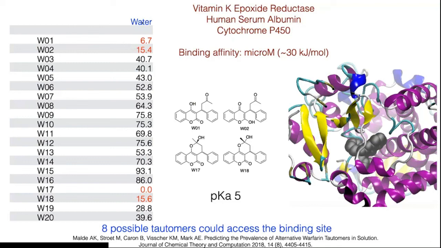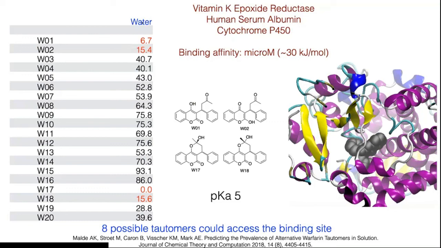R and S enantiomers won't be different in water because water is a uniform medium, but that can make a huge difference in the protein binding cavity. So based on this study, out of 40 or 42, there are actually 8 tautomers, 4 for R and 4 for S warfarin, more relevant in the protein binding cavity. So we are able to narrow down, out of 42, to 8 possible in the protein binding cavity.